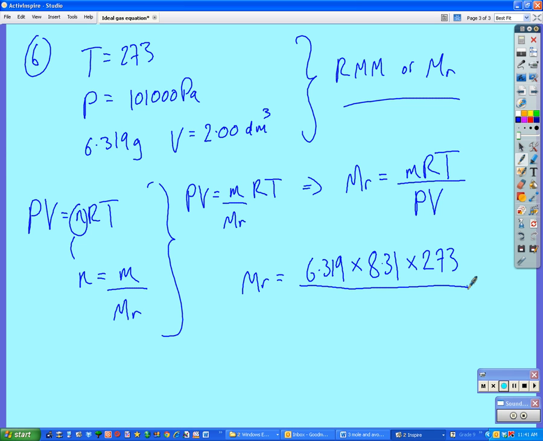The pressure is given as 101,000 pascals, and we've been given decimeters cubed as our volume. Well, to convert that to meters cubed, we will divide by 1000 or multiply by 10 to the power of -3.